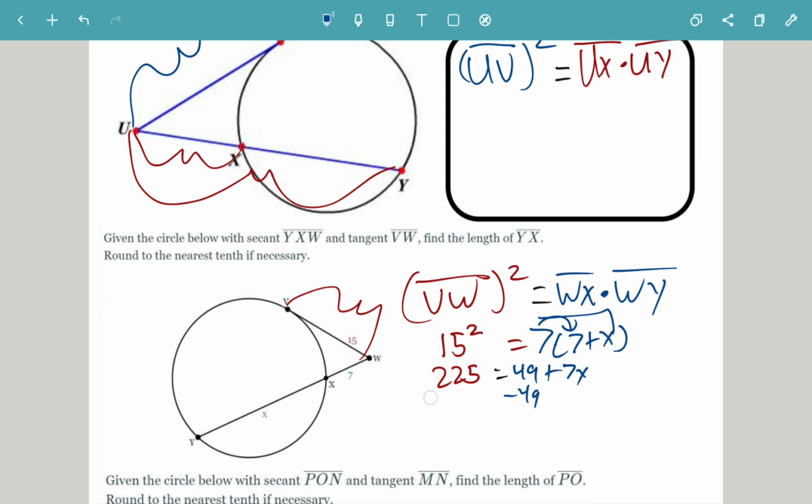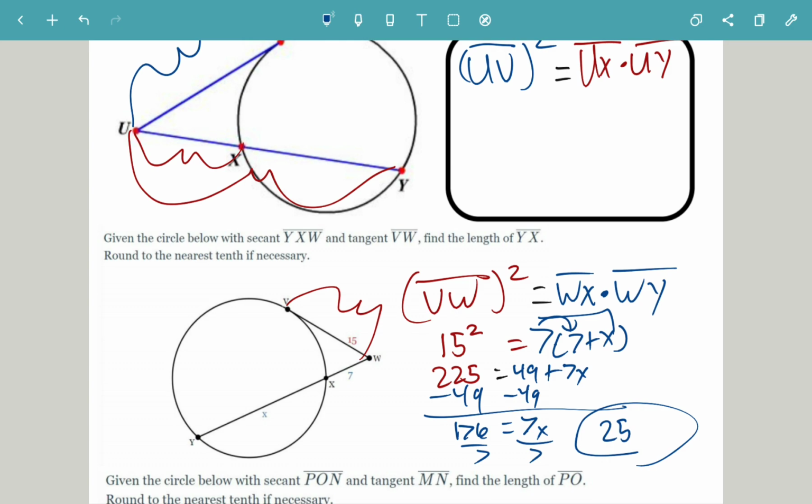Subtract 49 from both sides. 225 minus 49 is 176 equals 7x. Divide both sides by 7. We get x equals 25.1. And you're done with that bit.